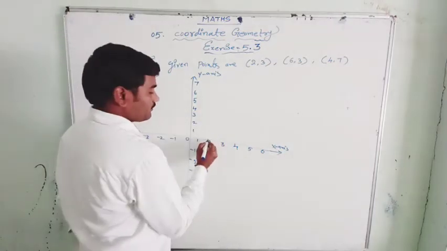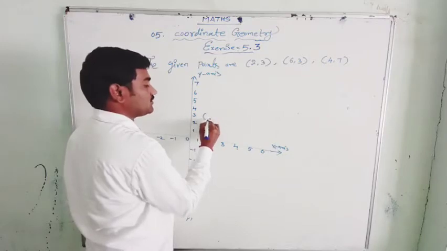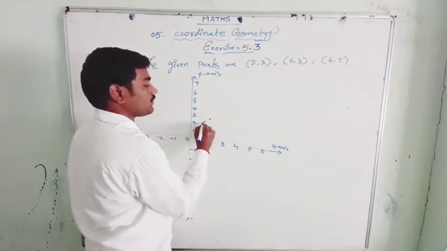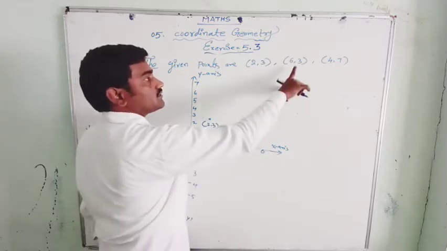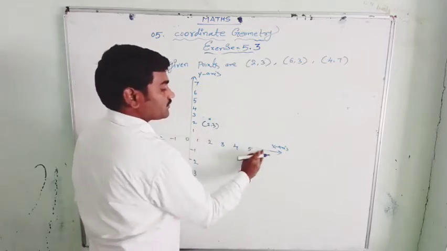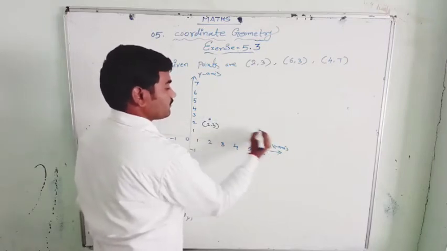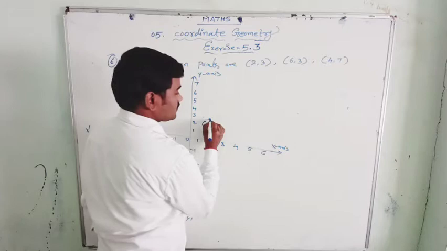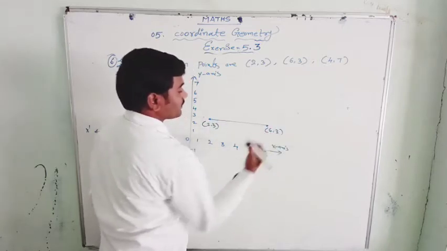2, 3. Here 2 and 3. Point 2, 3 is here. Next 6, 3. Here is 6. X value is 6, y value is 3. Yes. 6, 3.